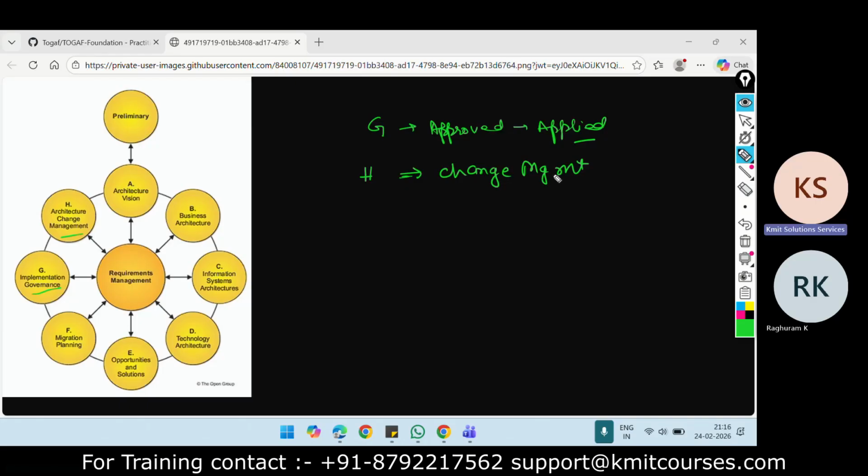In the change management process, you need to establish the procedures for how to make changes to the architecture. So that is basically the change management.